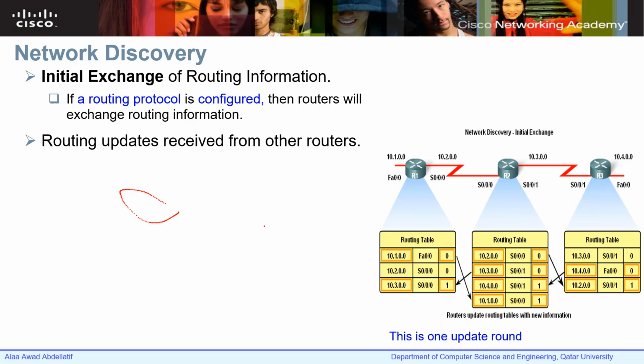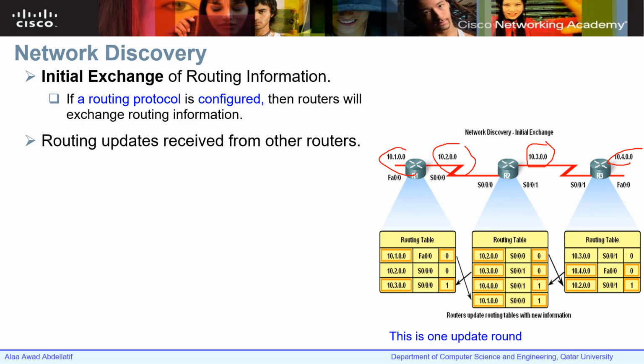It already knows 10.3 and 10.4, and it will add 10.2 through R2. This is the second step, to exchange information. So now R1 collects information about 10.3 and R3 collects information about 10.2 and R2 collects information about both 10.1 and 10.4.